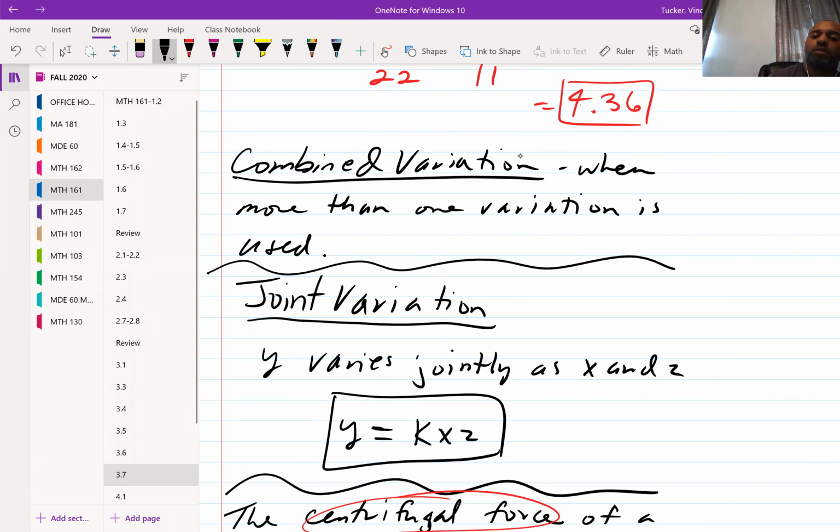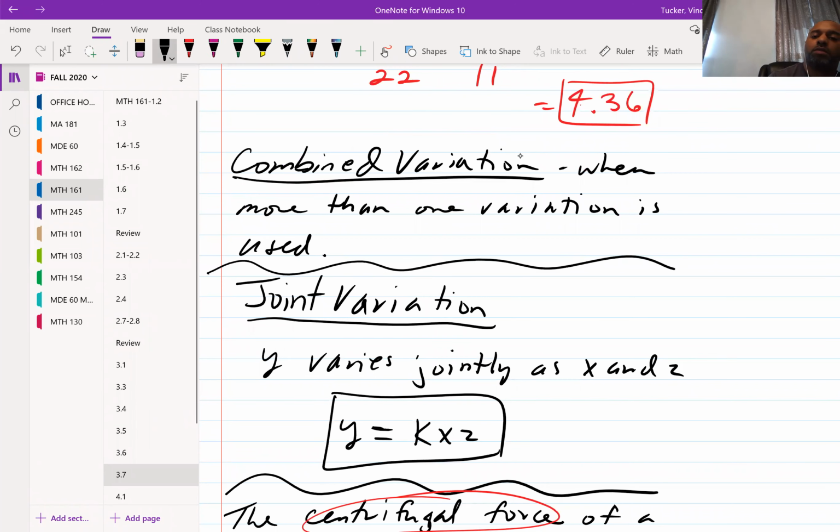All right. So we have two key phrases that we have to account for: varies jointly and varies inversely.